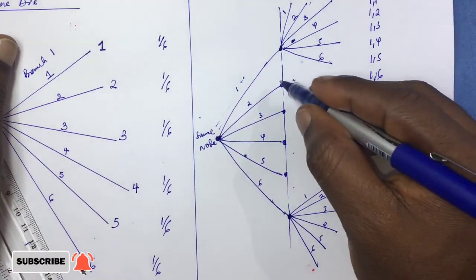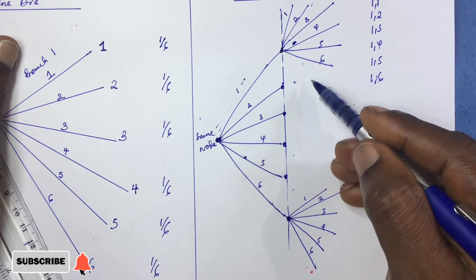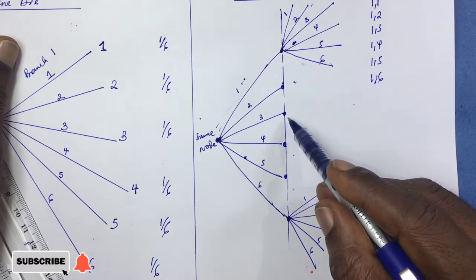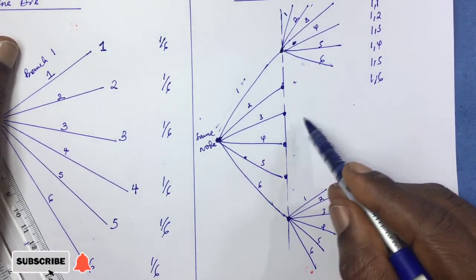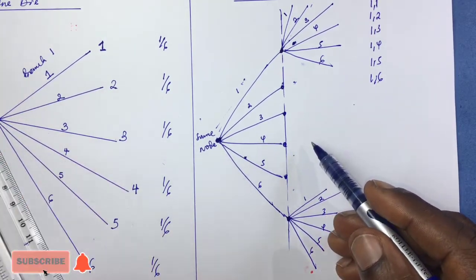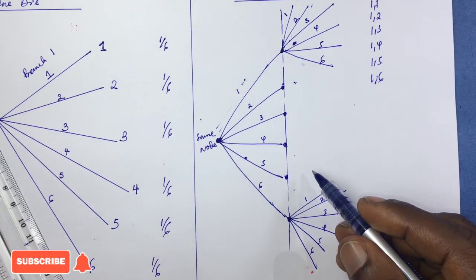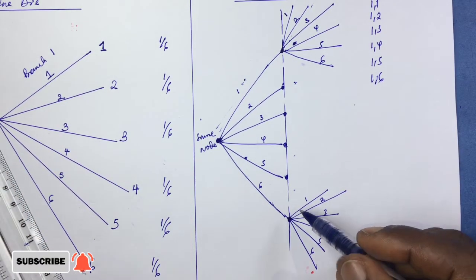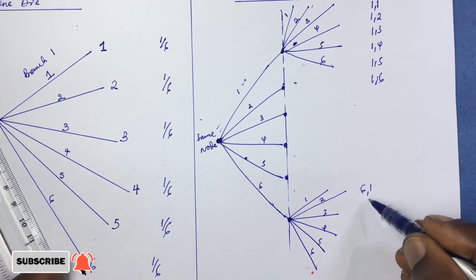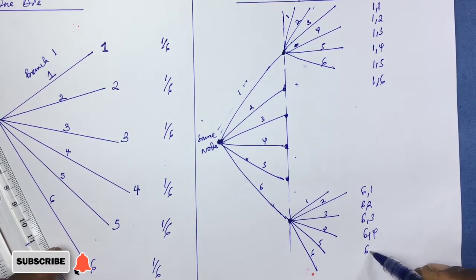If you do the same thing for these ones, you are going to have 2, 1, 2, 2, 2, 3, 2, 4, 2, 5, 2, 6. You are going to have 3, 1, 3, 2, 3, 3, 3, 4, 3, 5, 3, 6. You are going to have 4, 1, 4, 2, 4, 3, 4, 4, 4, 5, 4, 6. You are going to have 5, 1, 5, 2, 5, 3, 5, 4, 5, 5, 5, 6. You are going to have 6, 1, 6, 2, 6, 3, 6, 4, 6, 5, and 6, 6.